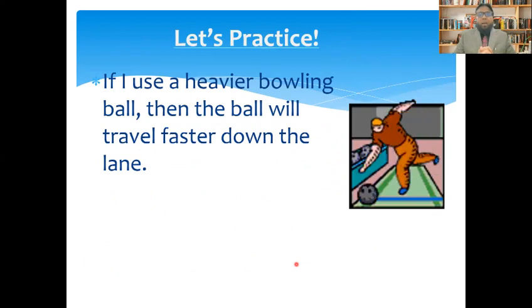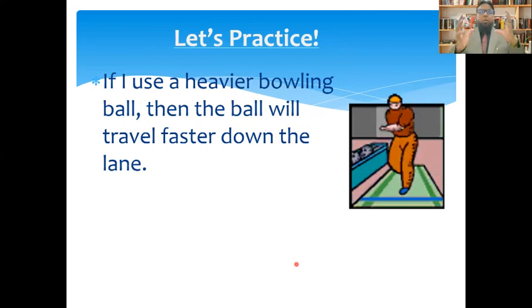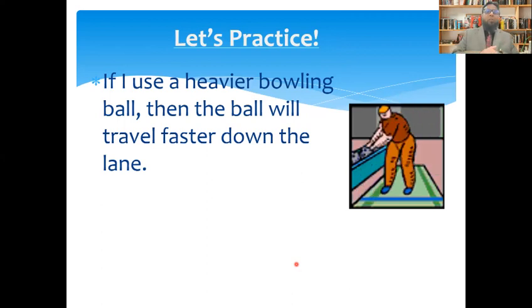Now another example, let's practice. If I use a heavier bowling ball, then the ball will travel faster down the lane. It means if you use more power and you have a heavier bowling ball, then the ball will travel faster down the lane. But if you have a light ball, you can see what the result would be.